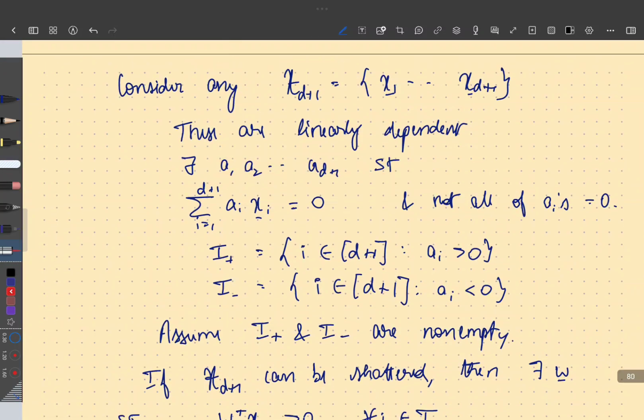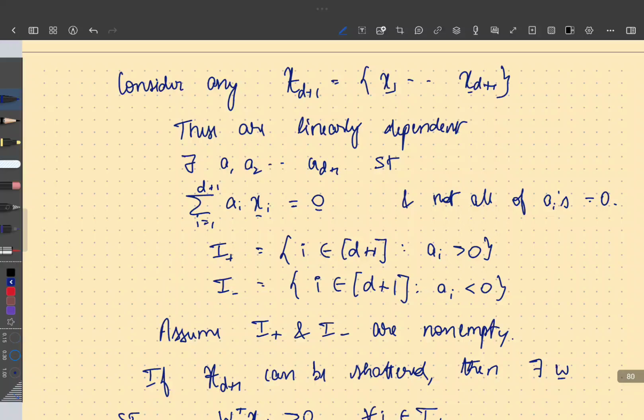Okay, so first, I have a collection of vectors x1 through x_{d+1}, any arbitrary collection, and therefore there exists some non-trivial linear combination which gives me the 0 vector, right? So you pick one such linear combination which gives you the 0 vector. There could be multiple such linear combinations. You fix one of them, and those are the coefficients a1 through a_{d+1}.